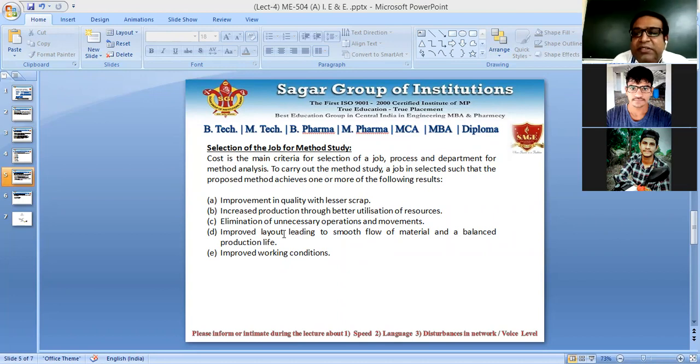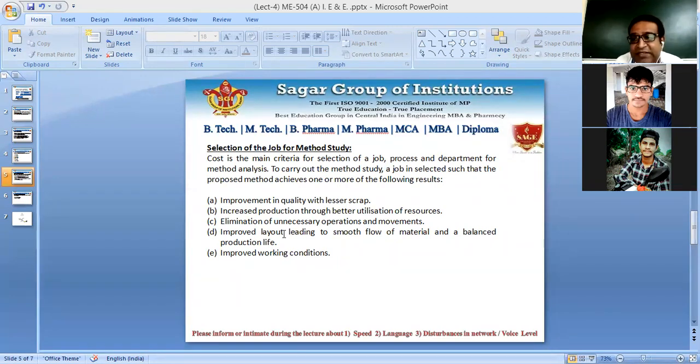To carry out the method analysis, a job has to be selected, and the proposed method to be achieved is either one or sometimes two. So one or two results may arrive after selection of the job for a particular study. Here I am talking about the new method we have finalized.